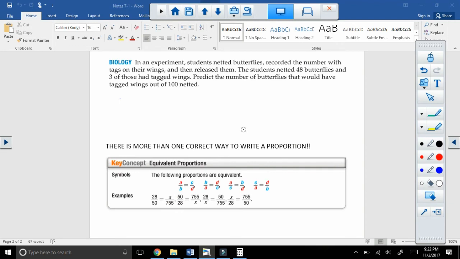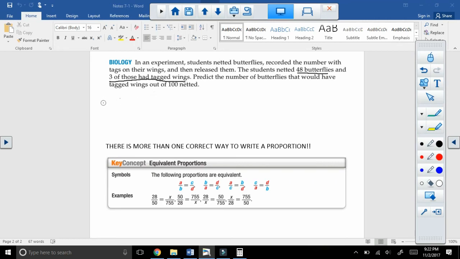So the whole goal of this is getting to where you can set up your own proportion and then solve it. Like in this example here, it says, in an experiment, students netted butterflies, recorded the number of tags on their wings, and then released them. So the students netted 48 butterflies, and 3 of those had tagged wings.